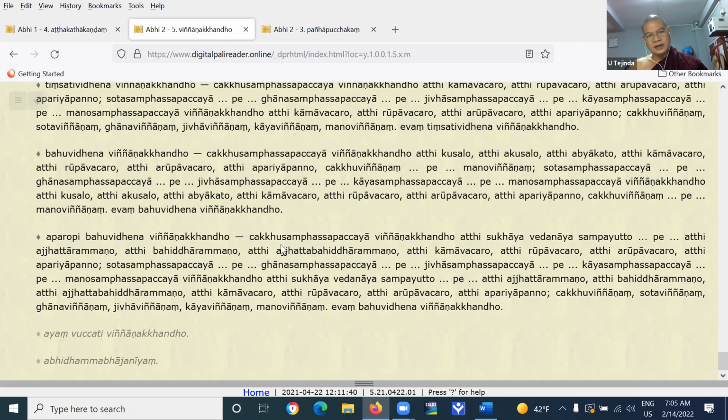The last dukkha with 4 planes is 6 phasa. Which one is the last dukkha here? The last dukkha here: Ajjhattarammana, Bahiddharammana, Ajjhatta-bahiddharammana. The last one.